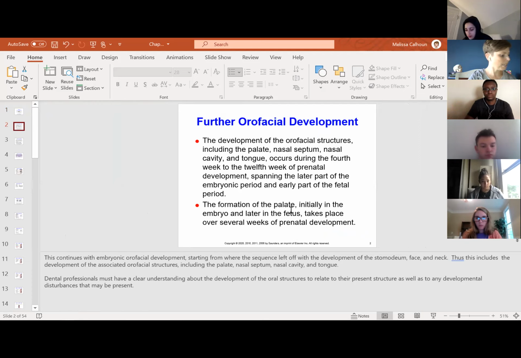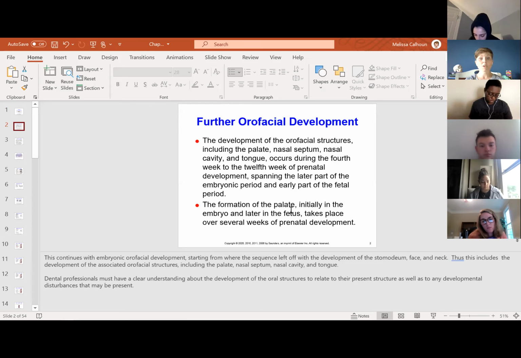So the chapter 5, we're going back into the overview of prenatal development. And now we're going to jump into the oral facial area, because we already did how the face develops and the neck develops. And the formation of the palate, so the development of the orofacial structures include the palate, the nasal septum, the nasal cavity, and the tongue.